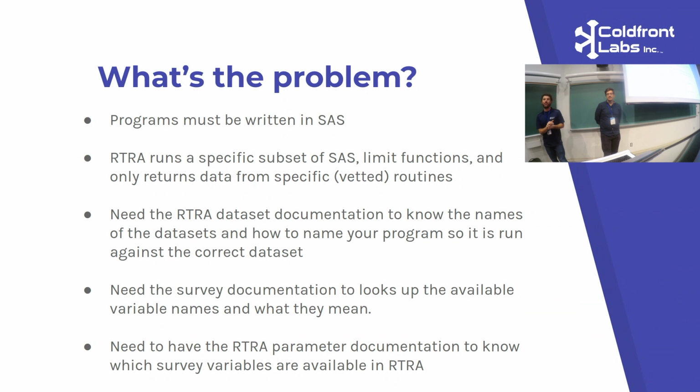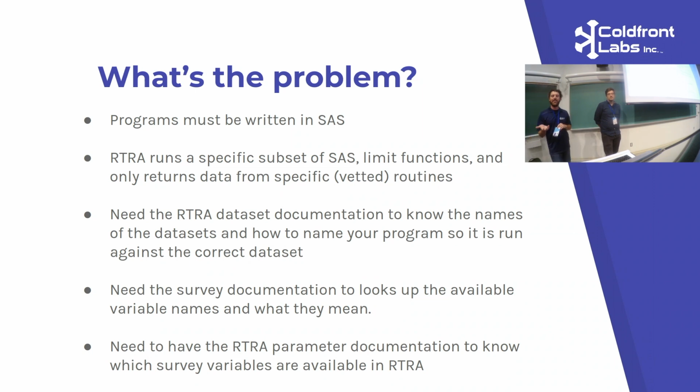So what's the problem with RTRA? First, the programs need to be written in Sass. On top of that, RTRA only runs a small subset of Sass, because not all Sass functions would be safe to let users execute, since we want to mitigate issues and control the results.